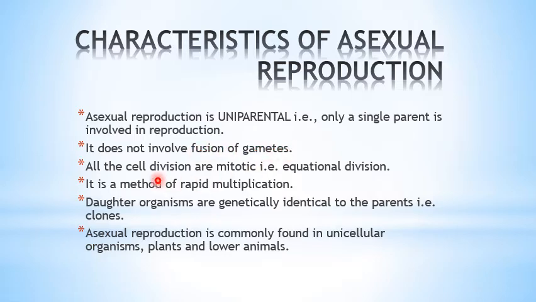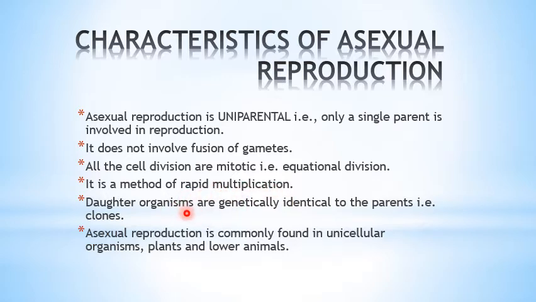All cell divisions are mitotic, meaning the equational division, meaning the parent cell or the single parent which undergoes the division shows the mitotic division, that is the equational division. It is a method of rapid multiplication.